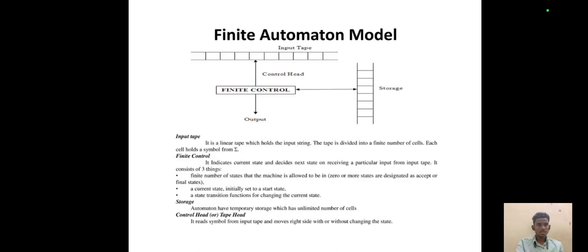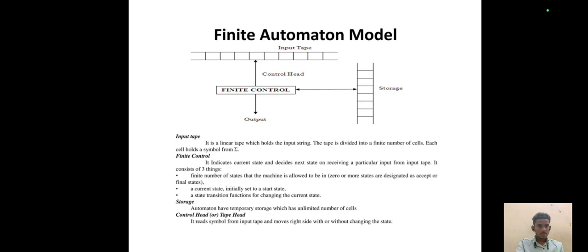Here we see the structure of the finite automaton model. In this, we have the input tape and finite control. From the input tape, the control head will be there, and it will produce the output, and it will contain a storage. Input tape is a linear tape which holds the input string.